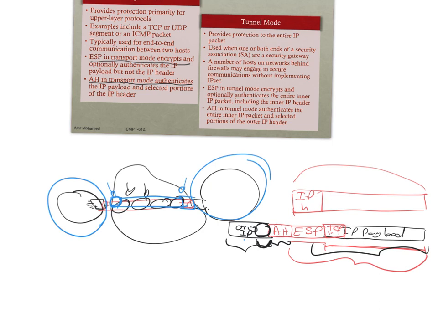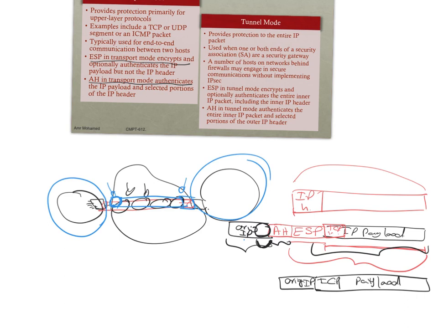So in the tunnel mode, it's a bit interesting. What happens is that we take the payload, including the TCP header and everything, okay? And then we add to that the original IP header, okay?